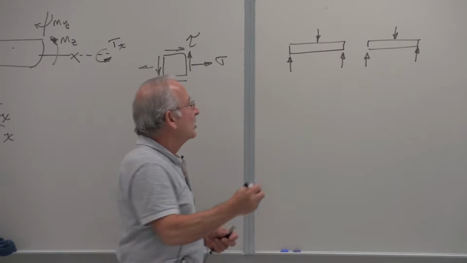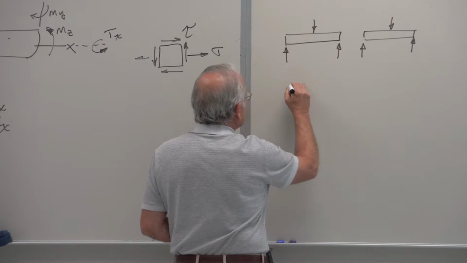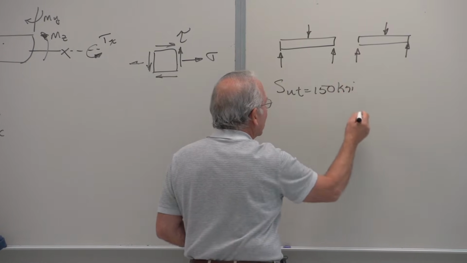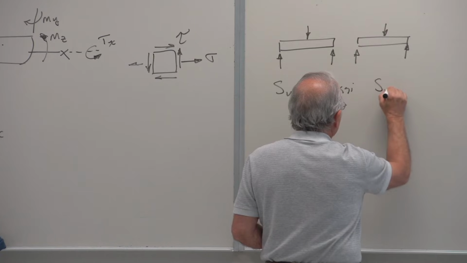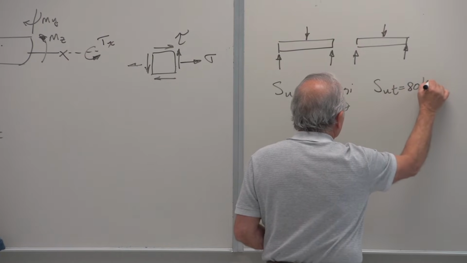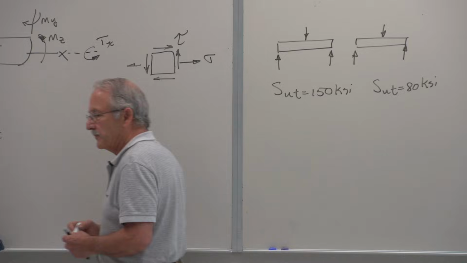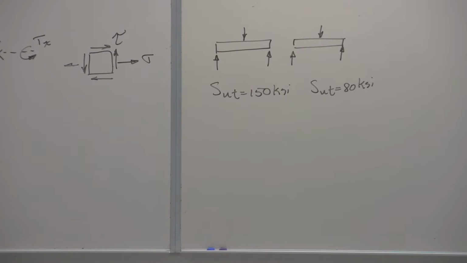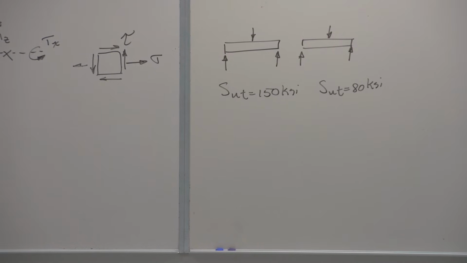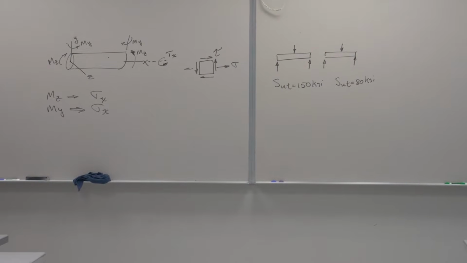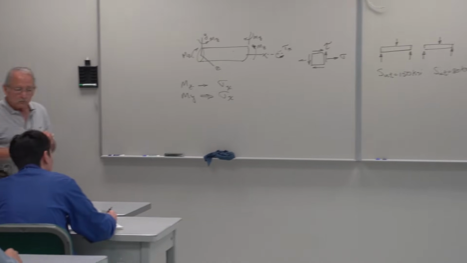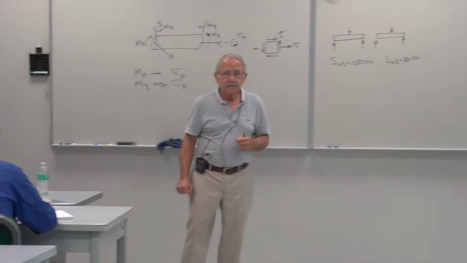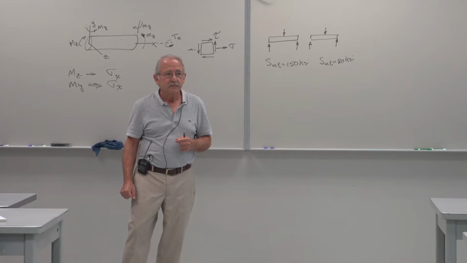However, this is a high-strength steel, let's say SUT equals 150 KSI. That's a ductile steel, SUT equals 80 KSI. Which one deflects more under that load? The one on the right or the one on the left? Does everyone agree? Yes?